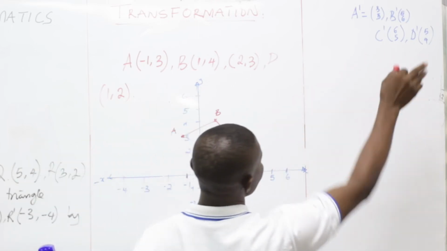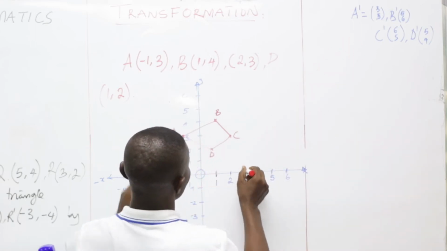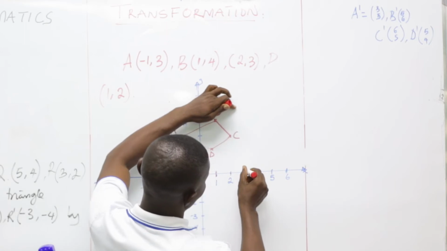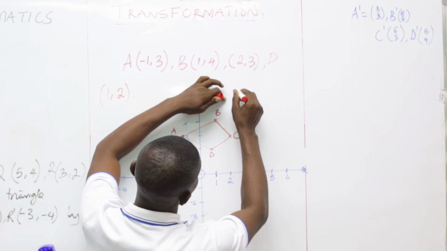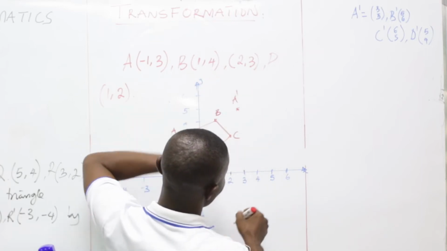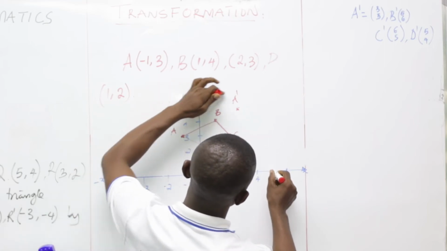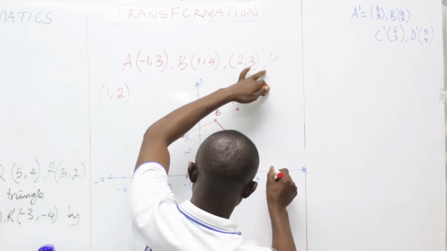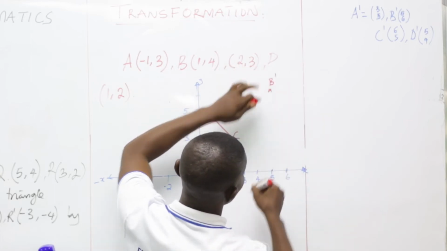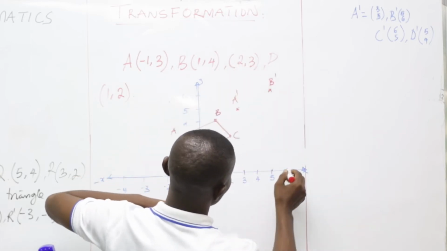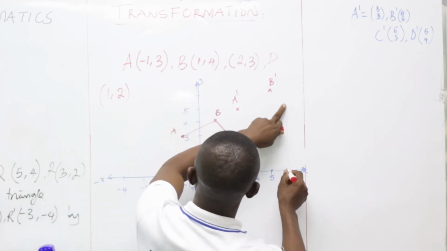Now, the image for A prime 3, 5, x is 3, y is 5, somewhere here, you call it A prime. For B prime 5, 6, x is 5 here, y is 6 here. B prime. For C prime 6, 5, x is 6, y is 5, somewhere here.